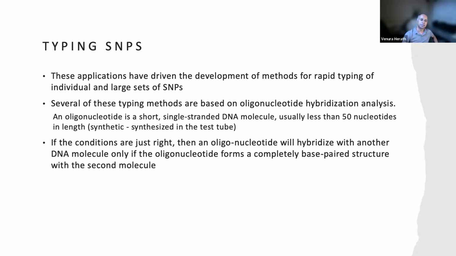Because it is single stranded, when there's the right combination, it will hybridize with another DNA molecule and make a completely base-paired structure with the second molecule we are adding.